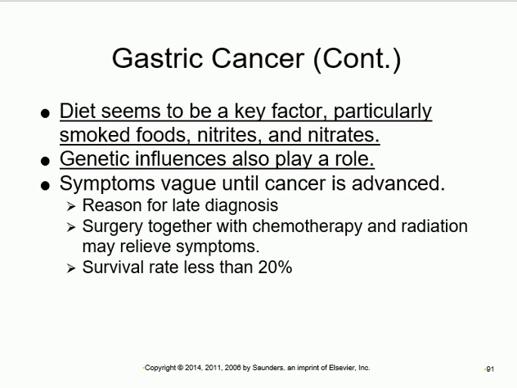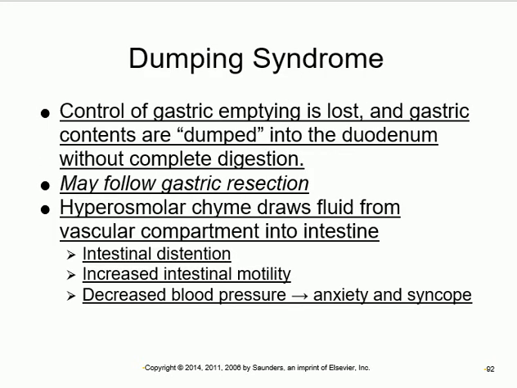It takes a longer time, and it should be a lot, but it is. Nitrites and nitrates, these are preservatives. If you get that container and read, if it is preserved with nitrates or nitrites, this is bad. Try to avoid it. Genetic factors can play a role as well.